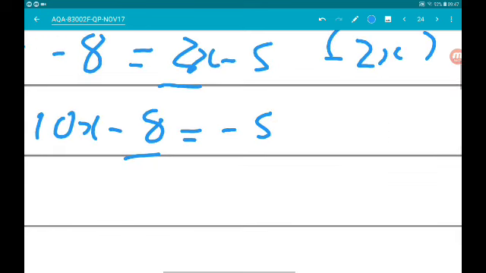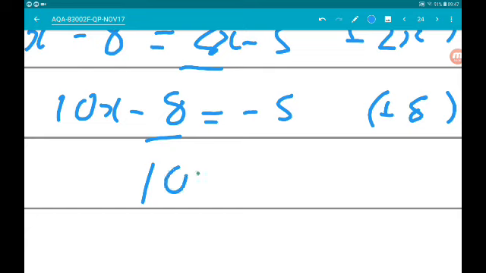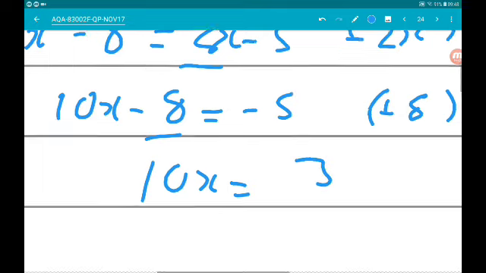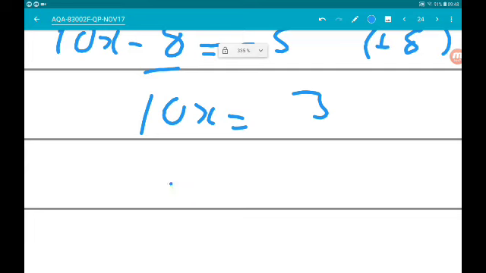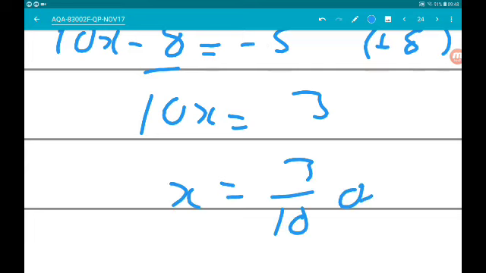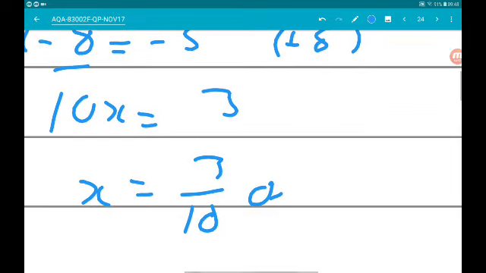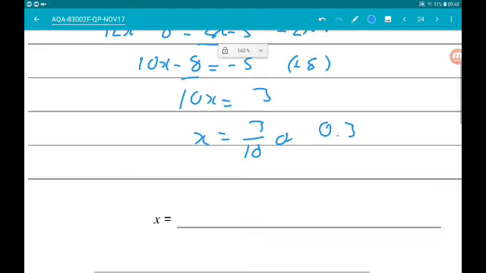So the opposite of minus 8 is add 8. So we get 10x is equal to minus 5 add 8 is 3. 10x is equal to 3, so x is 3/10 or 0.3. Cool, either one is fine.